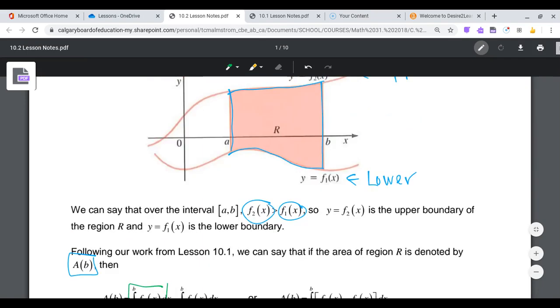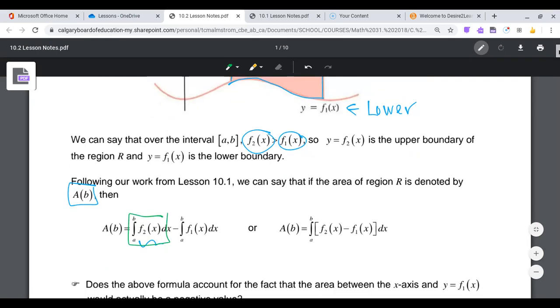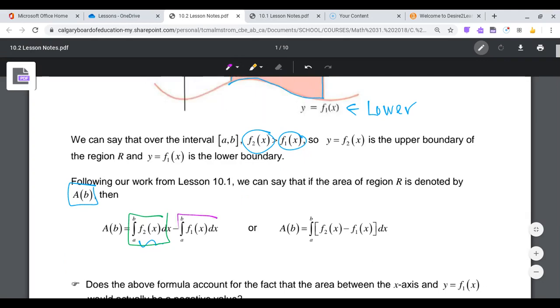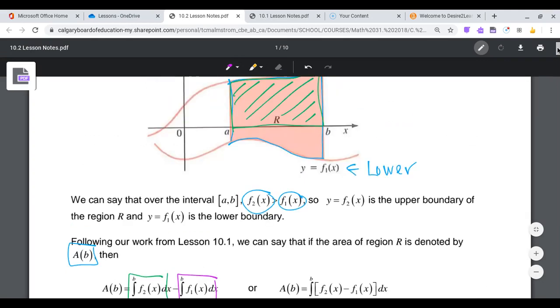So between my curve and the x-axis, that's going to be this part. Okay, that's that first part of the integral. And then minus the area between A to B of F1 of X.